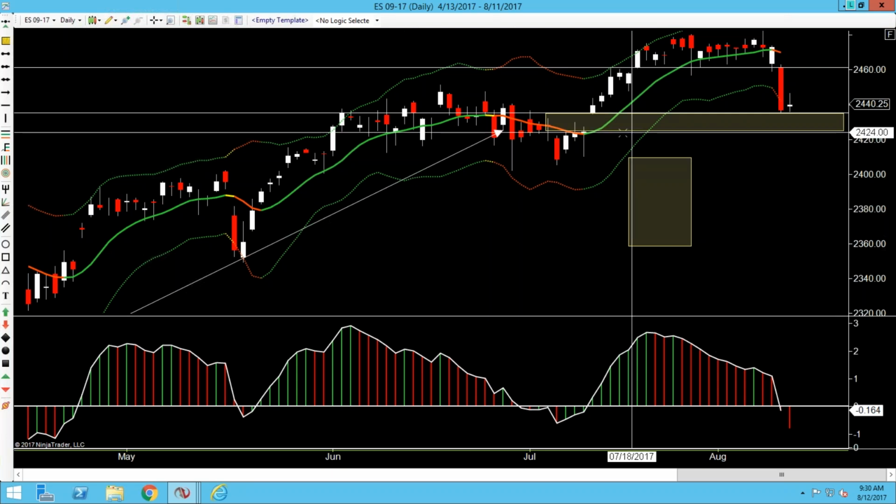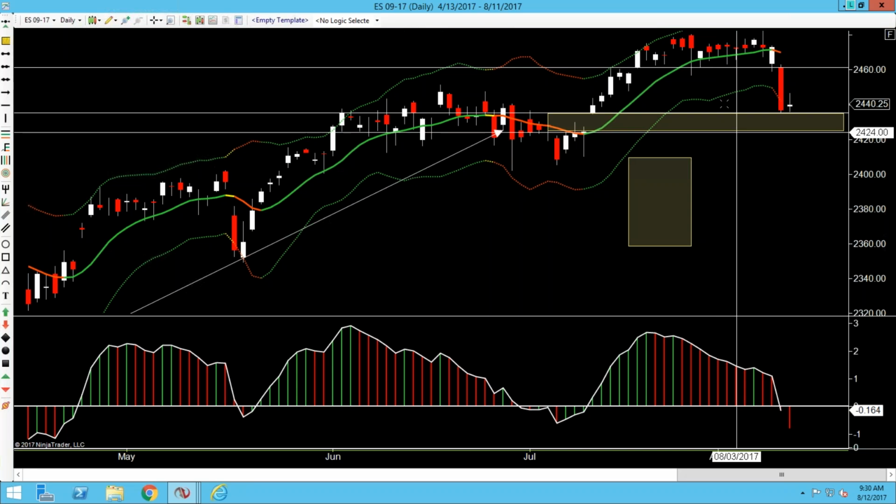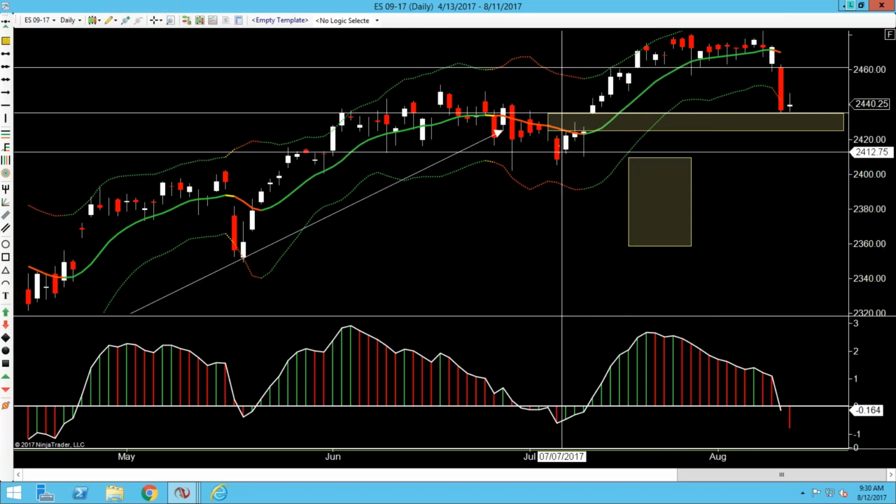Be aware of where these gaps are, because that's what the market likes to do. Unless there's no gap, it's probably going to look for the close of that prior bar.